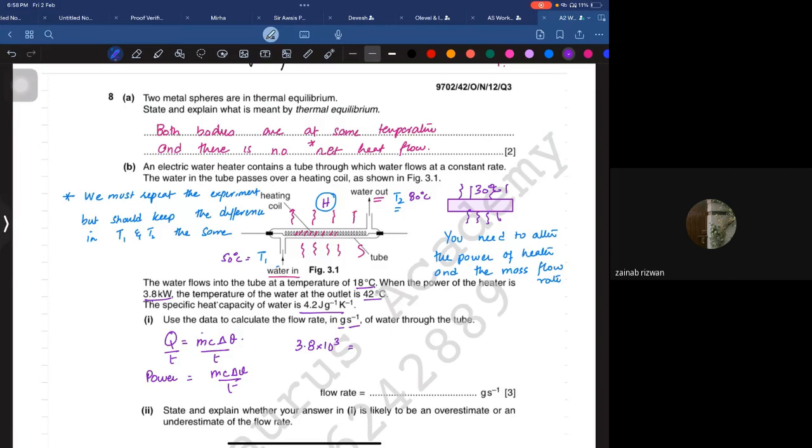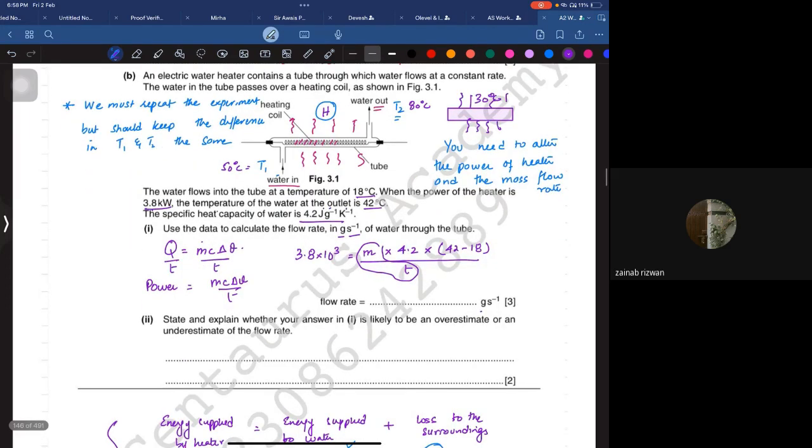The mass we need to find. C, we have 4.2. It is joules per gram per Kelvin, right? And the change in temperature is 42 minus 18, divided by T. What do we really need? We need this mass over time, actually in grams per second. So let's find it out then.